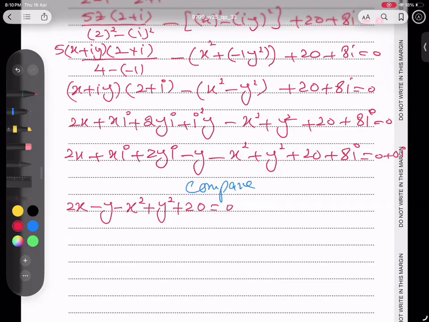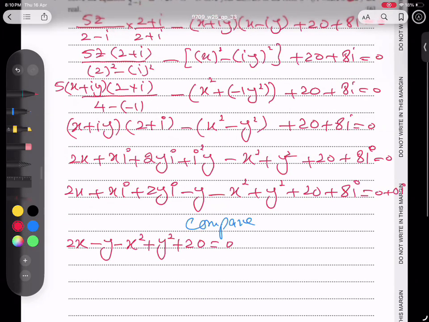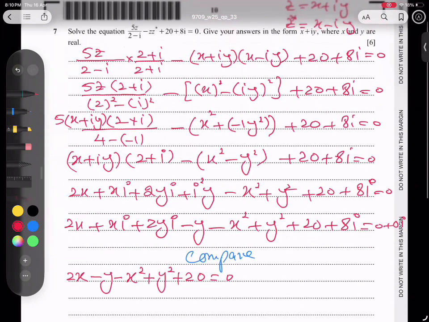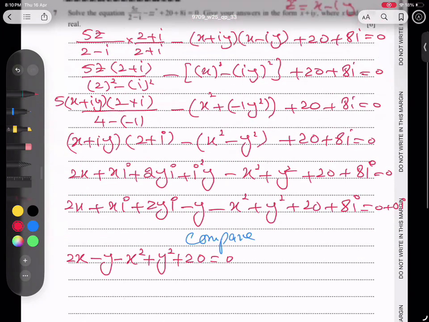Let me check once again. This 20 is there. There's 5 cancel out. Okay, so now the real part. What's the imaginary part? Iota terms. So I got x plus 2y plus 8 is equal to 0.